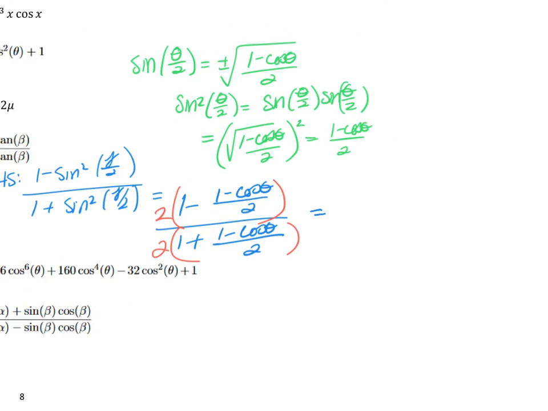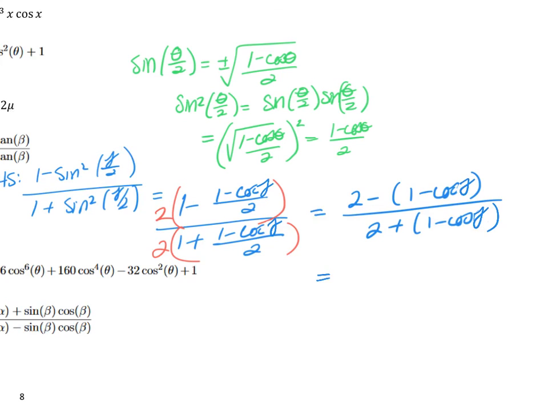So this is going to be equal to 2 minus 1 minus the cosine theta, over 2 plus 1 minus the cosine of theta. Oh, these are all gammas. I should go back and change that. That's a gamma, that's a gamma, that's a gamma, and that's a gamma.